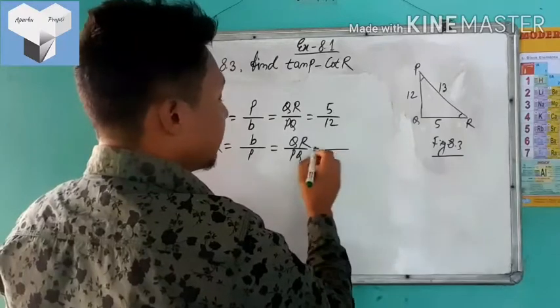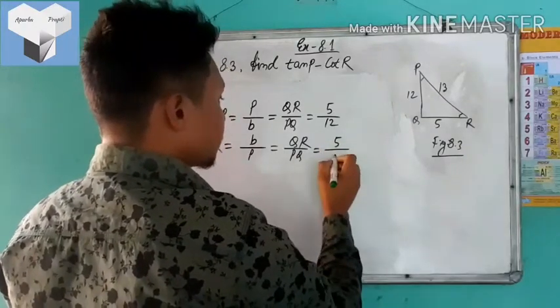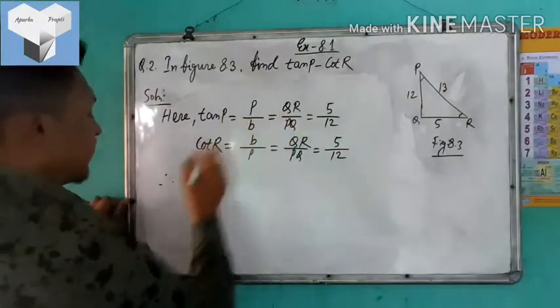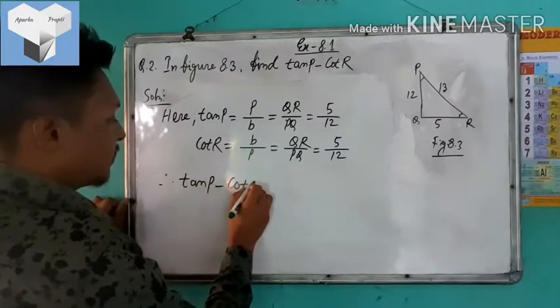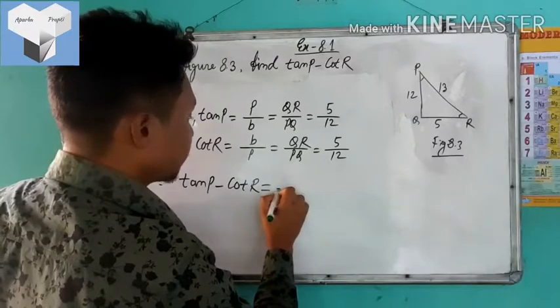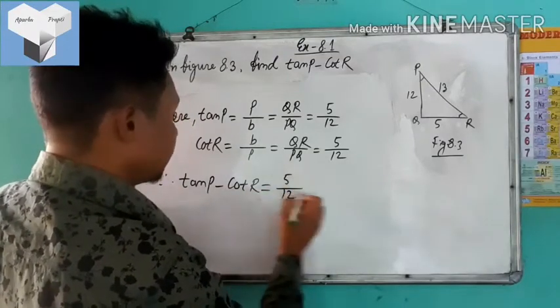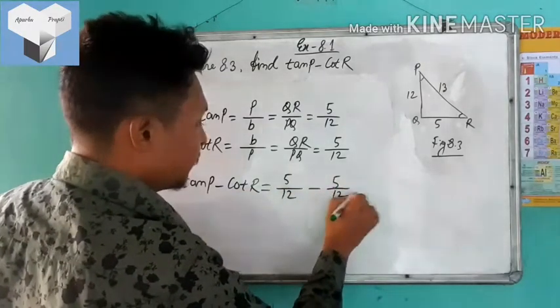Put the value again. QR is given as 5 centimeter. PQ is given as 12 centimeter. Hence, tan P minus cot R is equal to 5 by 12 minus 5 over 12.